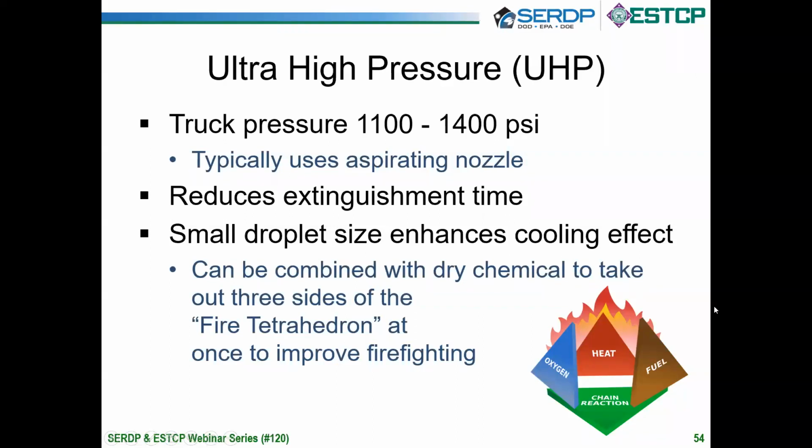Of course, we can't take the fuel away. We're really looking at preventing the transfer of oxygen to the fire, cooling the fire, and disrupting the fire. And with this combination, we can do all three. So we have to utilize all the mechanisms available to us for fighting fires.